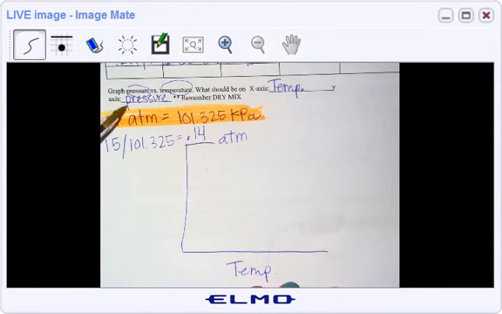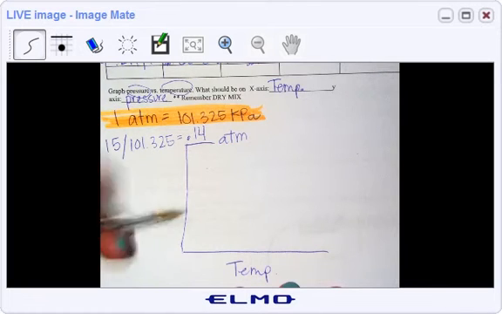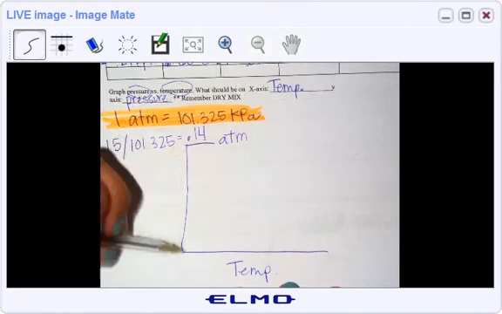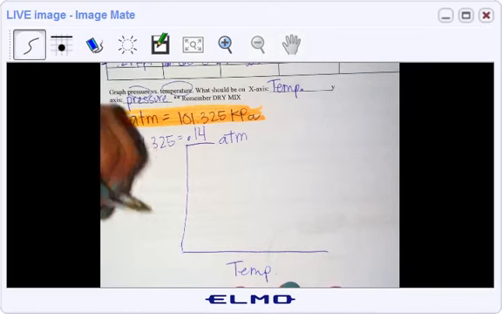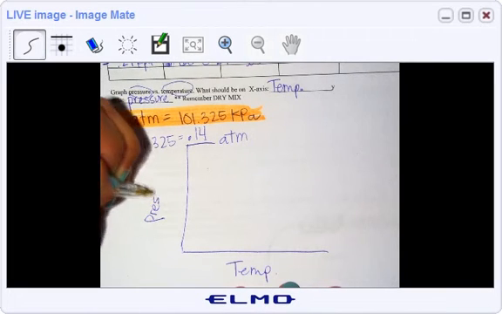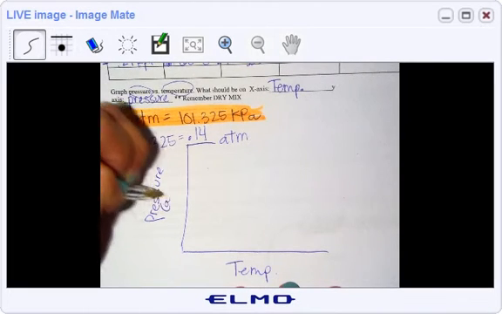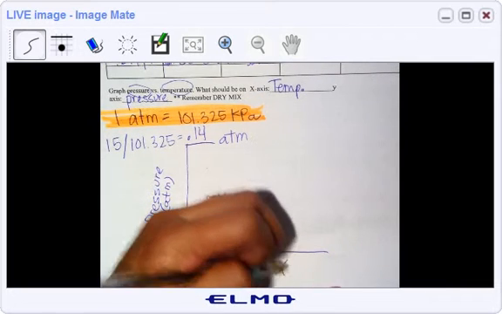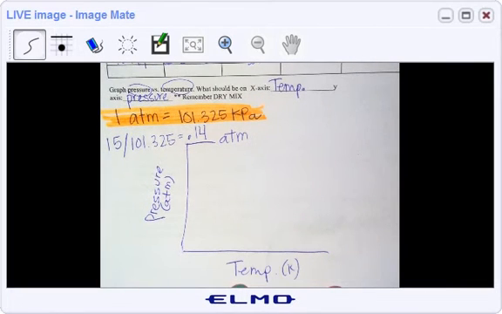And then the pressure is on the y-axis, okay, and you always know y is to the sky, so the y is going vertical, and this is where your pressure is. Just write pressure, and it needs to be in ATM. For atmosphere, this needs to be in K. So that's what you need to do for the Gay-Lussac lab, the one with the beakers.